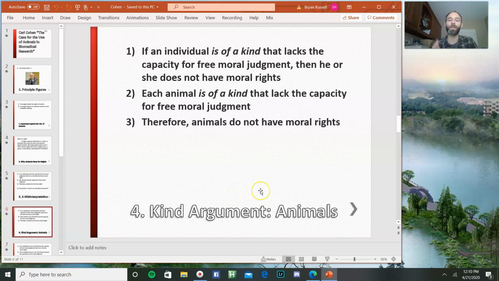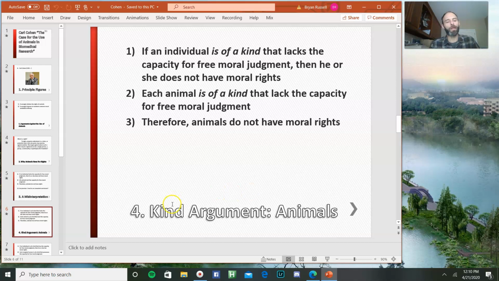His actual argument adds a key phrase, and you'll see that's italicized here, is of a kind. So his argument actually goes, if an individual is of a kind that lacks the capacity for free moral judgment, then he or she does not have moral rights. Each animal is of a kind that lacks the capacity for free moral judgment. Therefore, animals do not have rights.